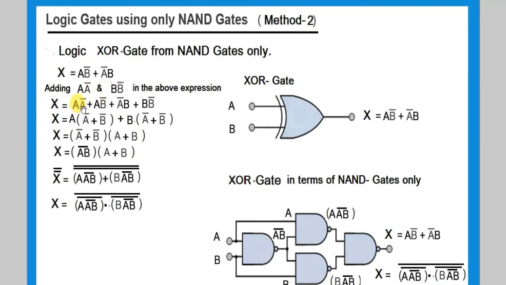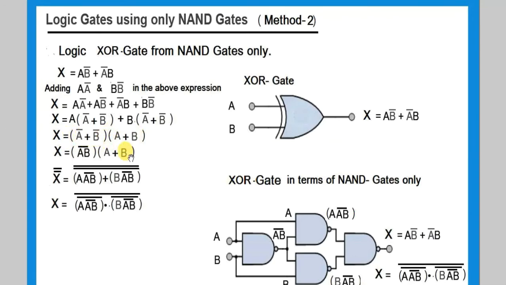It doesn't matter, because adding zeros does not change the equation. So we have A A complement plus A B complement plus A complement B plus B B complement. Taking A common, it is A times (A complement plus B complement), and taking B common, we get B times (A complement plus B complement), which is (A plus B) times (A complement plus B complement).